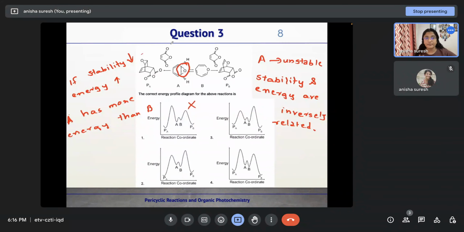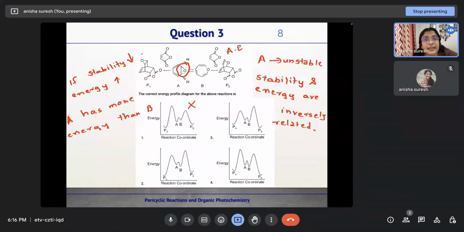Hence, the 4 plus 2 reaction that is taking place here to give Pb will be taking place at a slower rate. The activation energy needed for this reaction is much higher. So the activation energy for formation of B to Pb is higher.